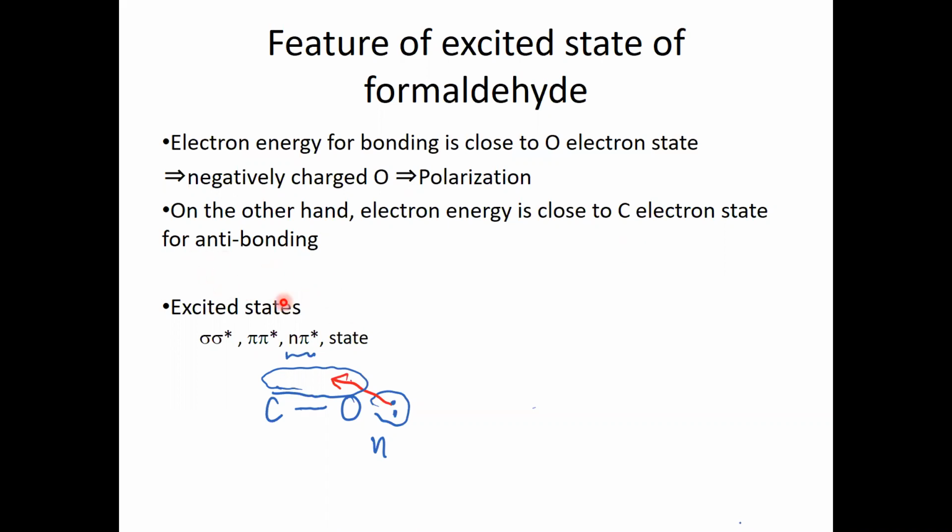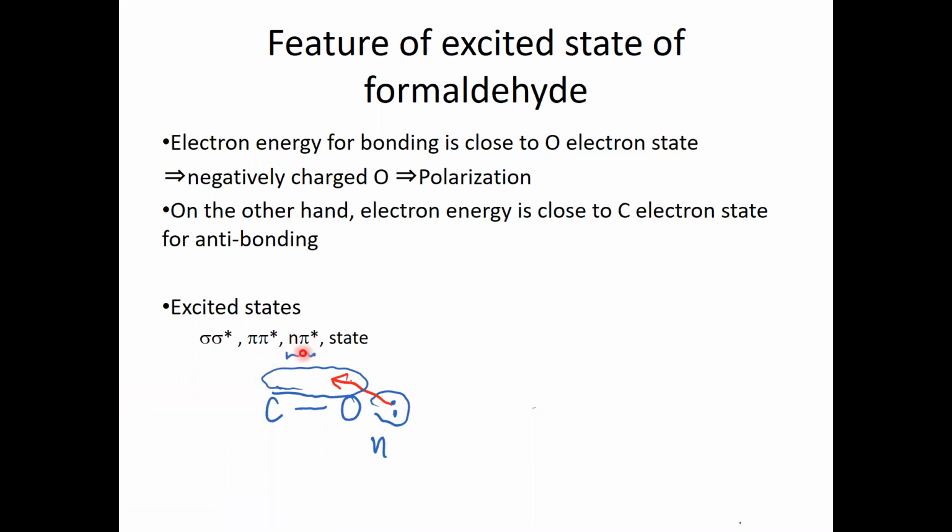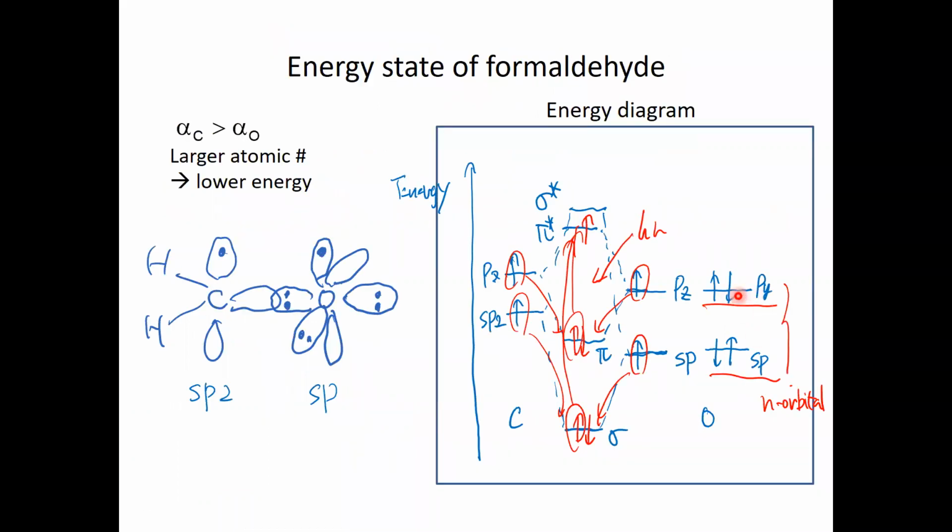With that, we have different types of orbitals: sigma, pi, sigma star, pi star, and also the non-bonding orbital. In the case of carbonyl, you have many variations of excited states. One is the sigma-sigma star state, another is the pi-pi star state, and also the n-pi star state, in which an electron is excited from this side to this side.